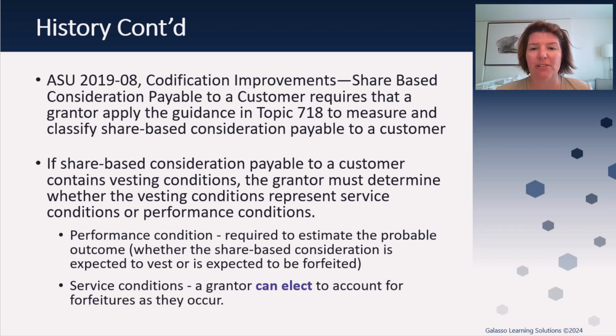As a result, currently the definitions of performance condition and service condition don't explicitly discuss purchases made by customers or parties that are going to purchase a grantor's goods or services from the grantor's customers. And so this is going to address the diversity in practice.